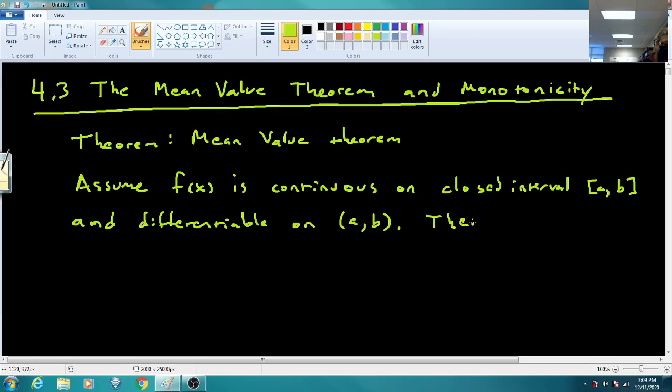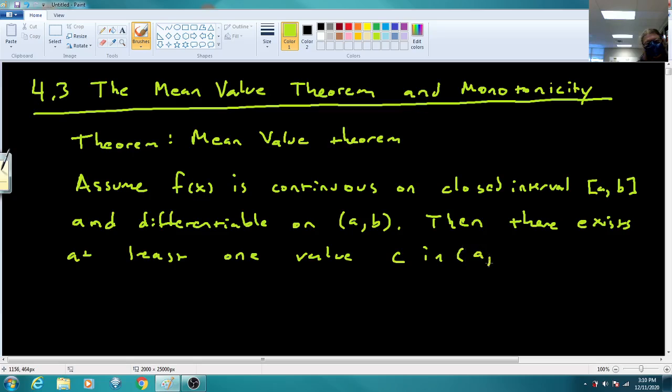So if that happens, then there exists at least one value c, and c is going to be in the open interval a to b such that the following thing happens.